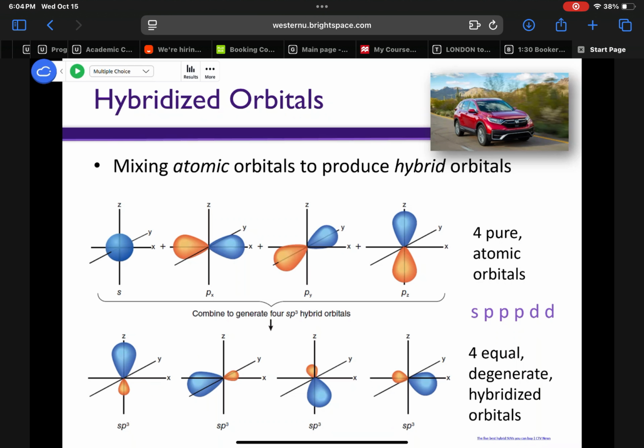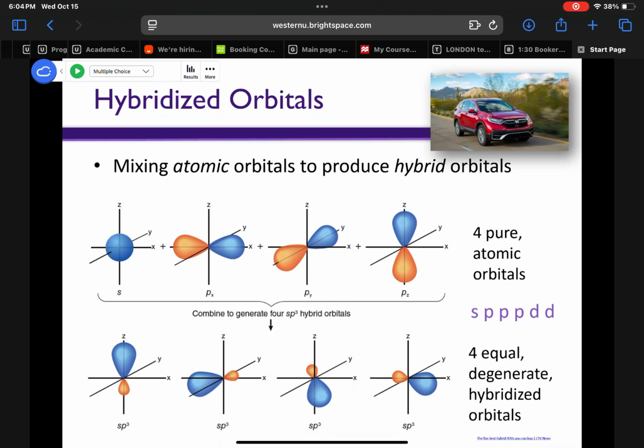And I brought today my magic hybridizer. So right here, I have a magic cup. I hope you can see it. It's very important. A magic cup that is a hybridizer. It can take atomic orbitals and turn them into hybridized orbitals.